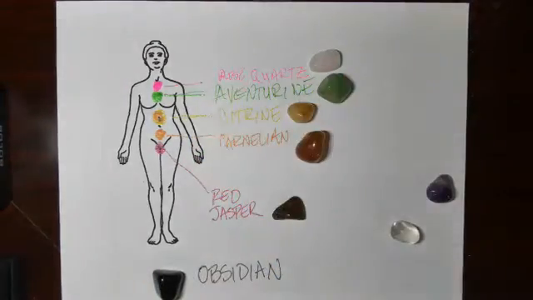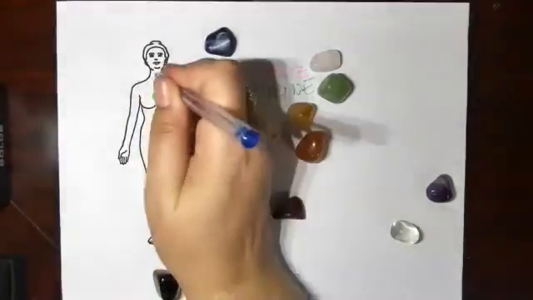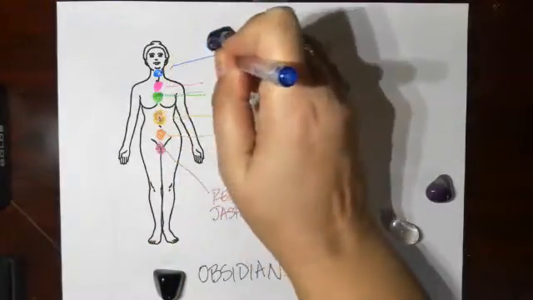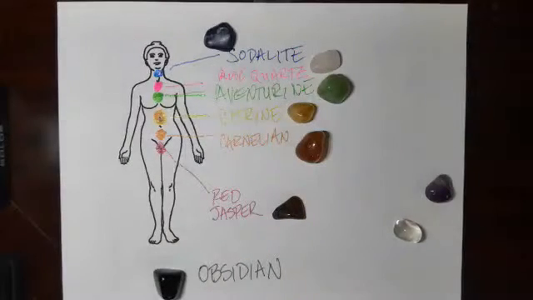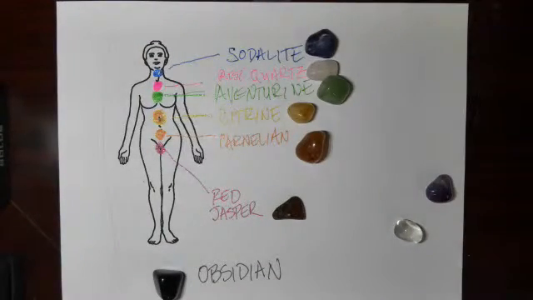Okay, and we're going to have that associated with our 5th chakra right here at the throat. We're going to put that sodalite. Good stuff. We'll put it right up here. I think you can see it on the screen there.